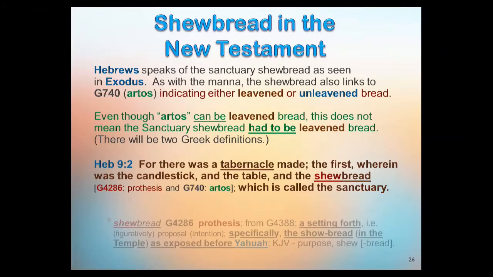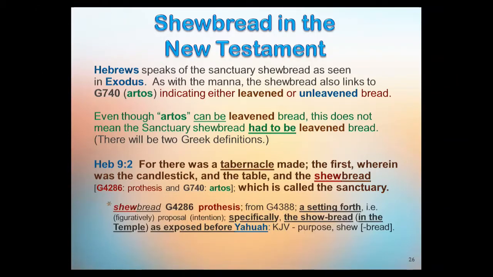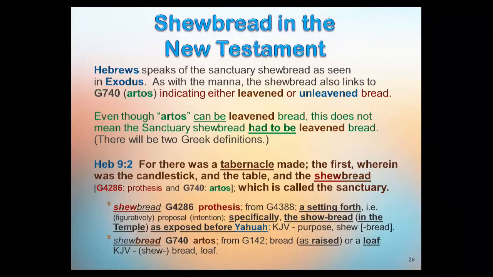In Hebrews 9:2, it says, "For there was a tabernacle made, the first wherein was the candlestick and the table and the showbread." And this is going to be prostheses and artos. It says this is all in the sanctuary.